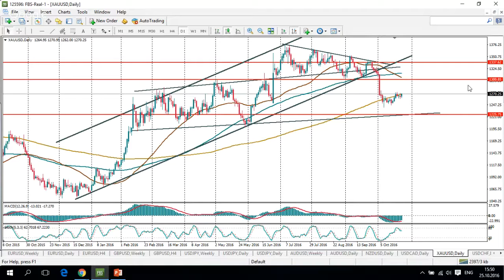However, the strength of the US dollar and high yields offered by American treasuries decreased demand for gold, which offers no yield income for investors. Despite some short-term recovery being possible, the medium-term outlook for gold is bearish, as we expect the Federal Reserve to raise interest rates in December.